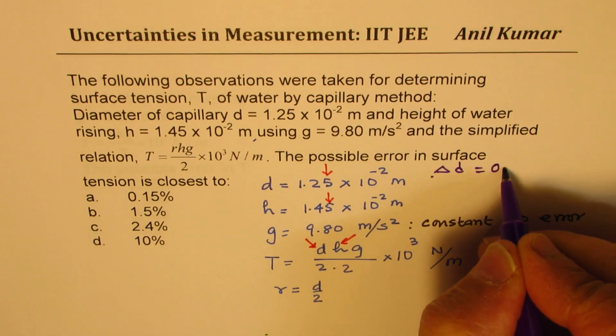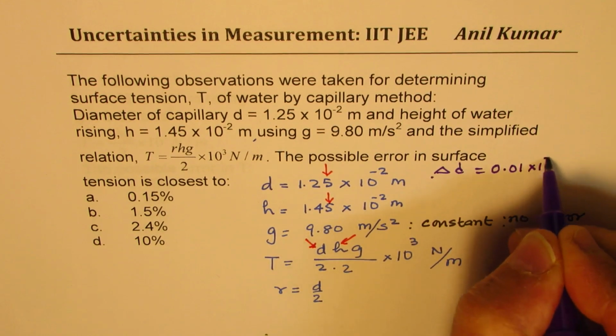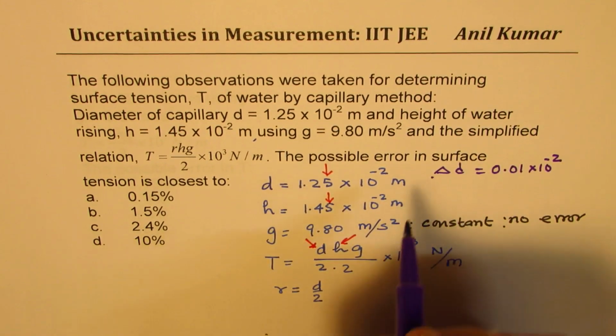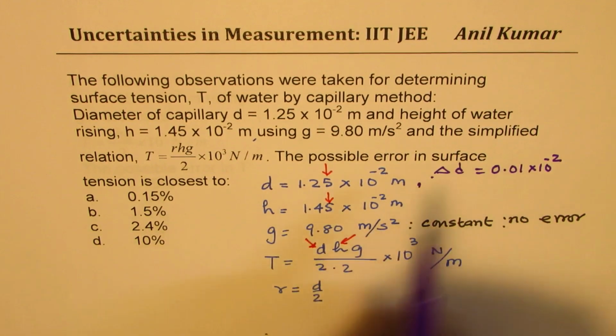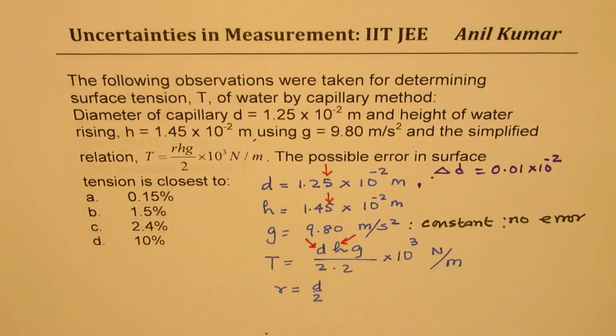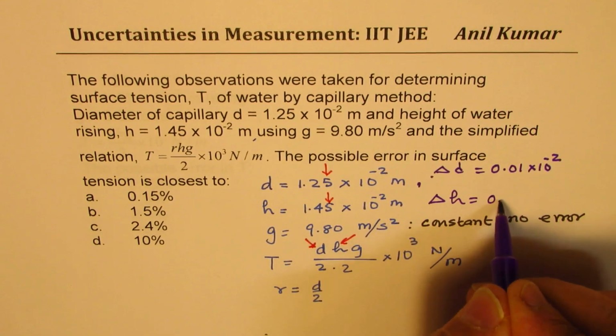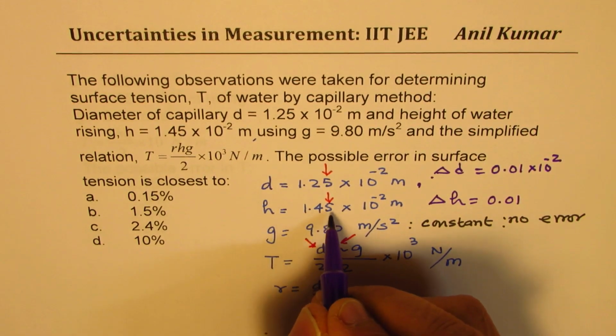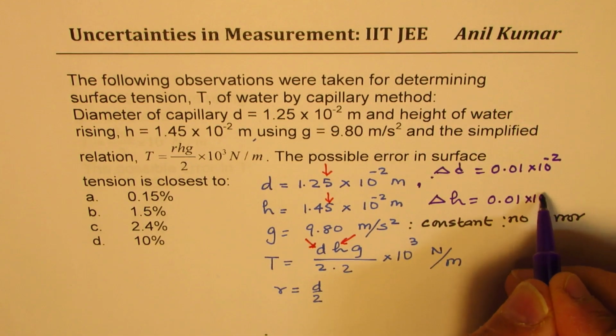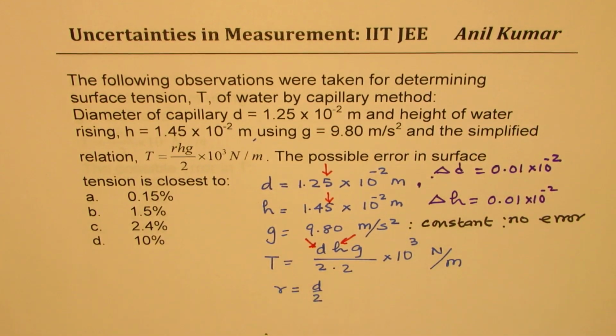Do you see that? So the error in the diameter in this measurement will be at this place. The significant place at which we can have an error is our focus. Similarly, for the height, it is also 0.01, of 1.45. You get the idea? That is the place where we could have the error. And so that should help us figure out the solution directly.